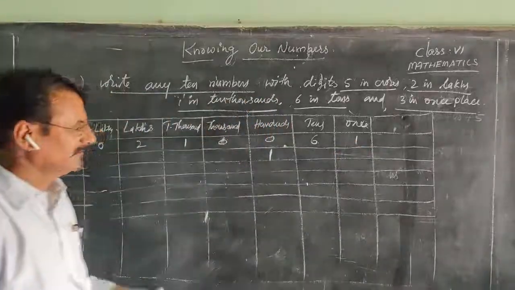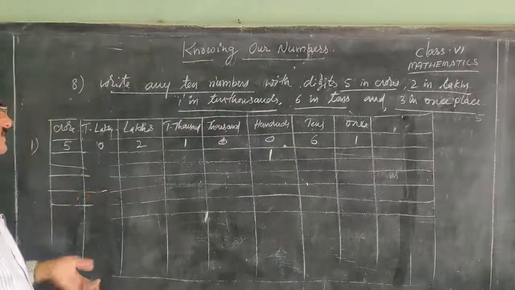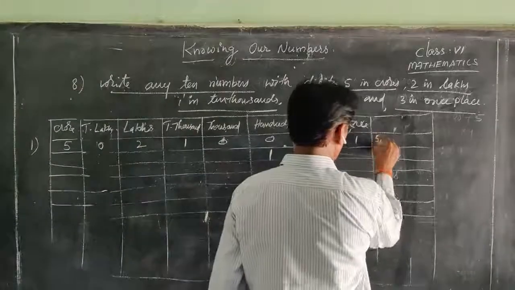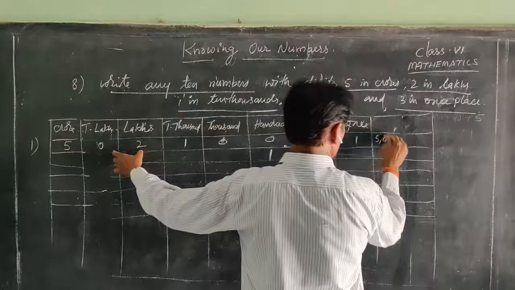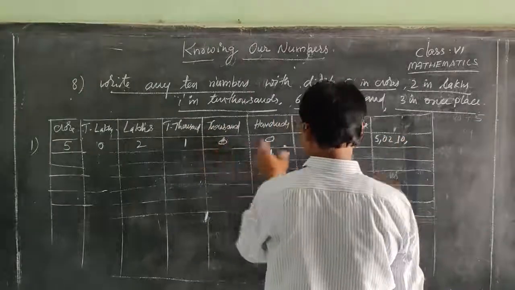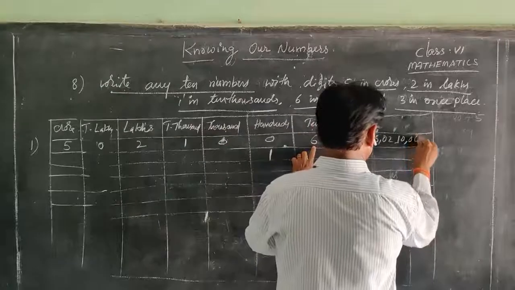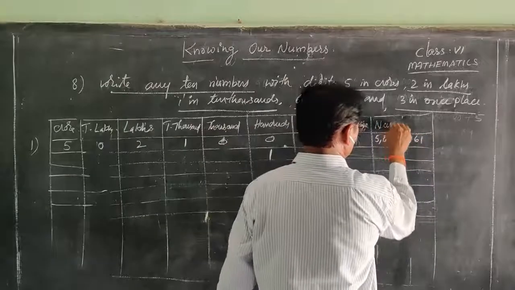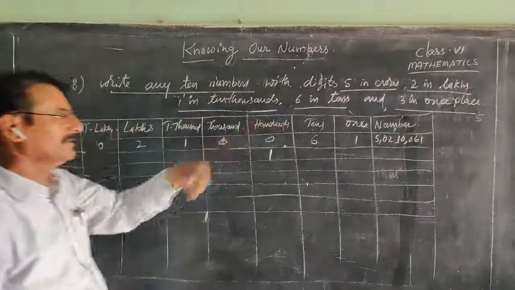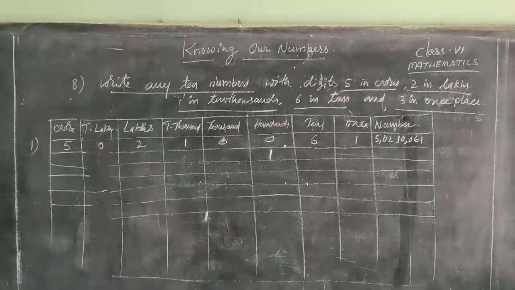We can take the other digits as zeros. Now it is called 5 crore, 2 lakh, 10,000, 61.